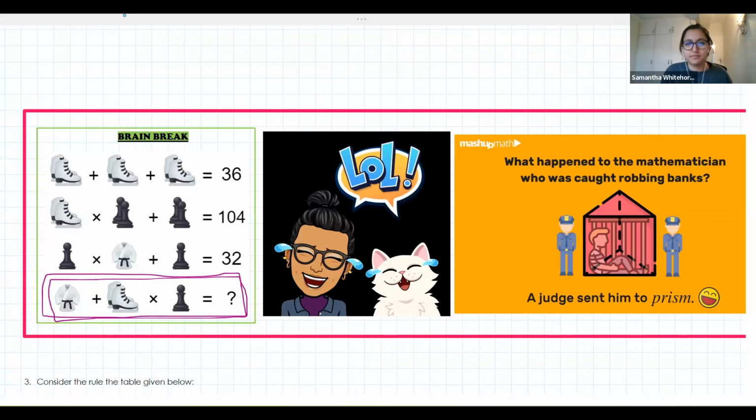If you can tell me what 36 divided by 3 is, that number will be placed in all those 3 boots there. Then once you have that, you know the answer for 2 boots. Then what is that number multiplied by the chess thingy plus adding this chess thingy that will give you 104.